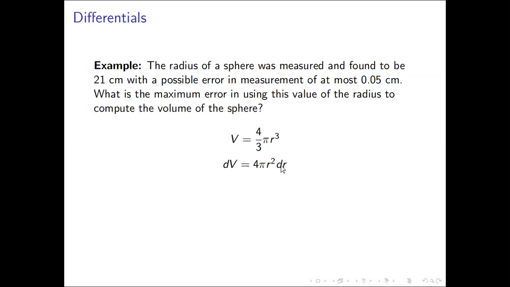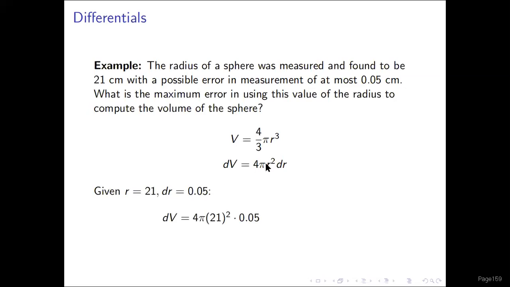Now, this tells us that we can compute the error in the volume, or rather approximate the error, if we know the measurement of the radius and the error in the measurement. And we already know those. We are given 21 for r with this error. So dr is set equal to delta r, the change in r, 0.05.